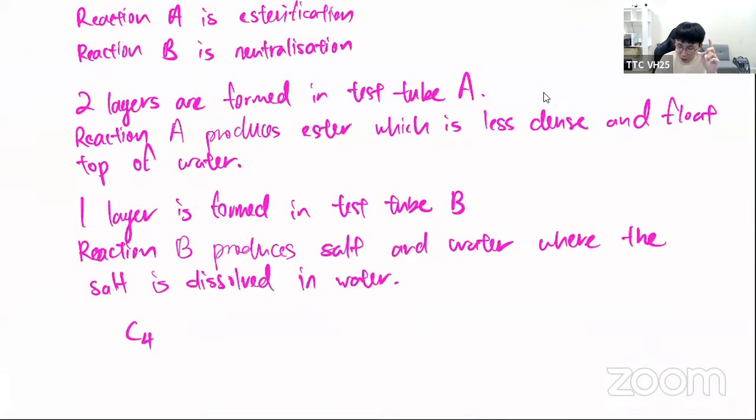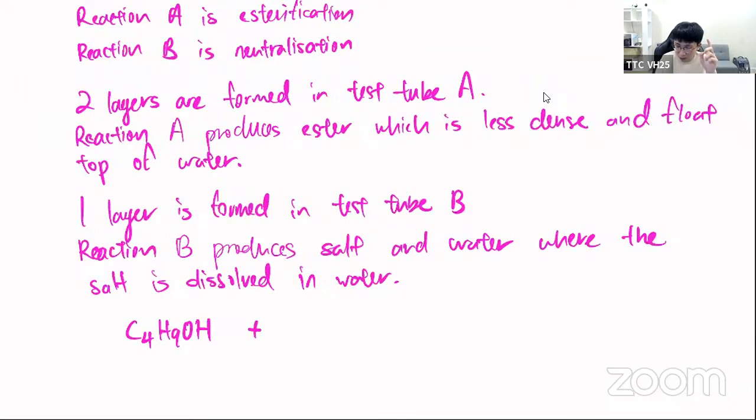So butanol is C4H9OH. Then carboxylic acid is CnH2n plus 1 COOH. But the question comes in, guys. Butanoic acid is also 4C, right? So do I put my 4C here?